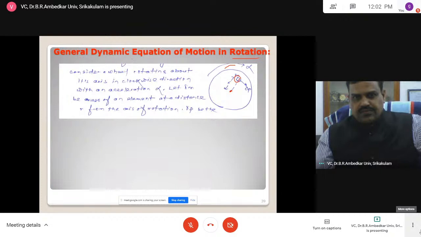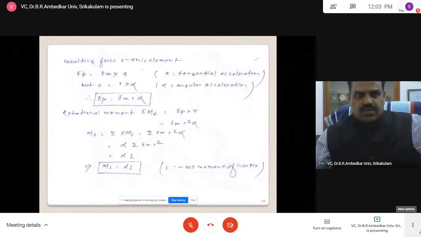This is the tangential force. Force is equal to the tangential acceleration into mass, m into a, mass into acceleration. Okay. But tangential acceleration is r into alpha. If I substitute here in this expression, r is constant, let us say.